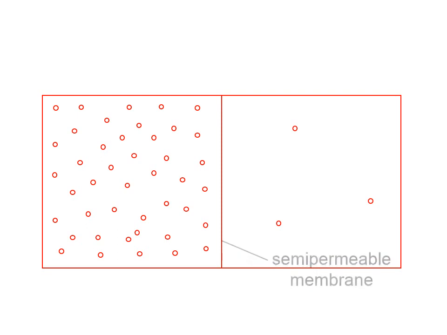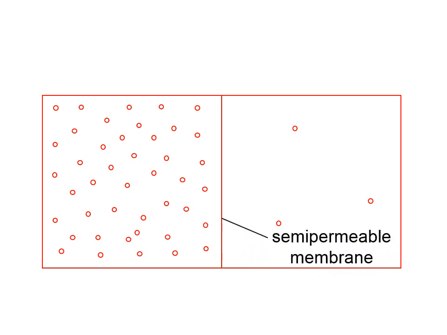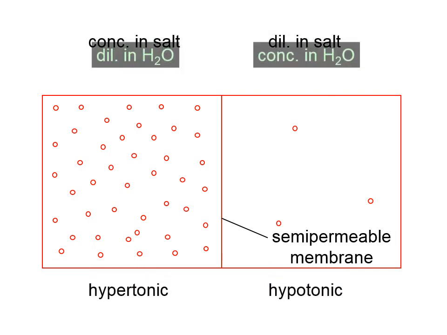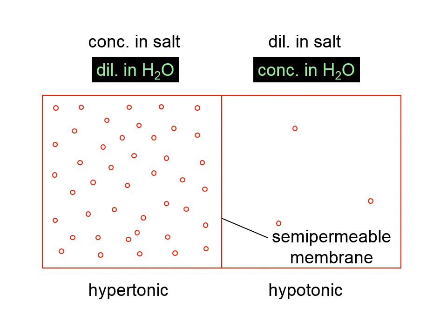So one more time, let's tackle this. In between here we have a semi-permeable membrane. The left side is very concentrated, let's say in salt. It doesn't have to be salt, it could be sugar or any solute, but I'm just using salt as an example. The left is very concentrated in salt, the right is very dilute. Relative to each other, the left side is hypertonic, the right side is hypotonic.